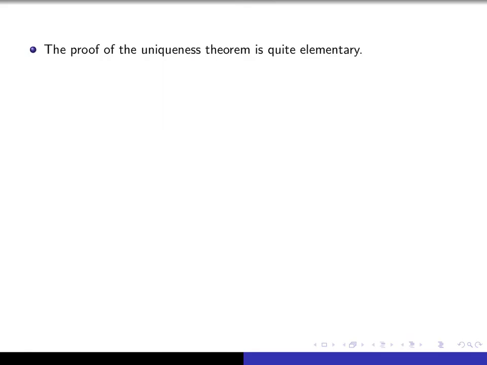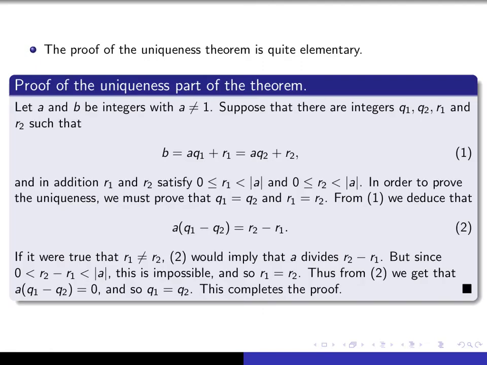So finally, let's look at the proof of the uniqueness part of the theorem, but that's actually quite simple. So here's the proof. We start with our integers A and B, and by the way, this is in complete generality. I'm not assuming that A and B are natural numbers this time. We don't have any difficulty proving the general case of the uniqueness.